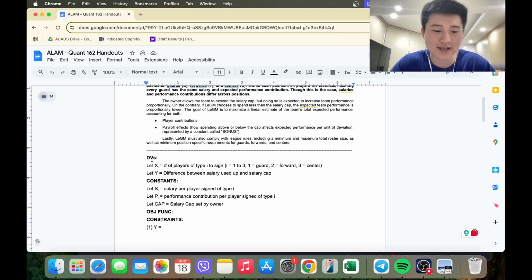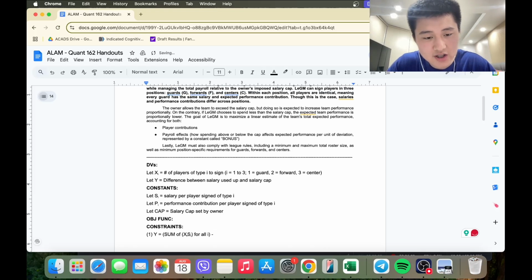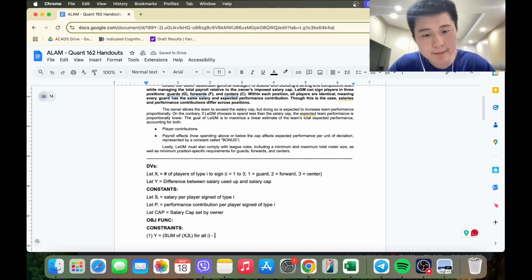Salary used up is basically xi times si, so it's the summation of that for all i, minus the salary cap, which we already defined.